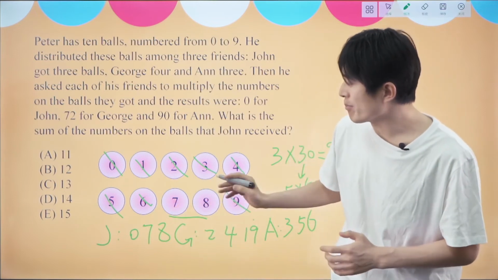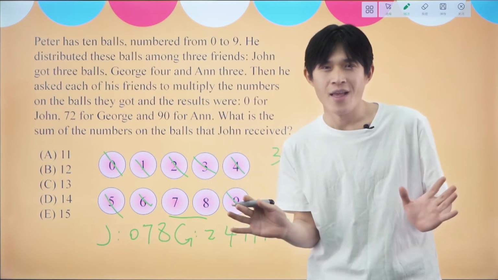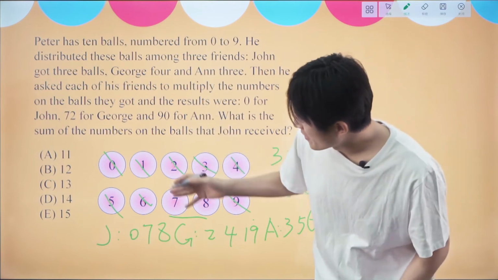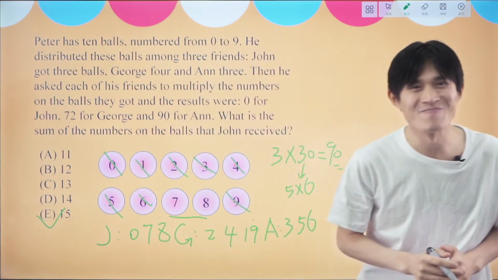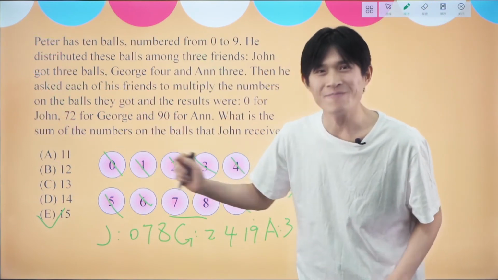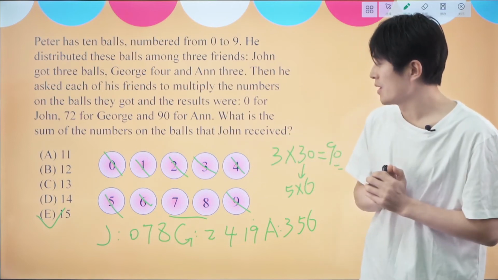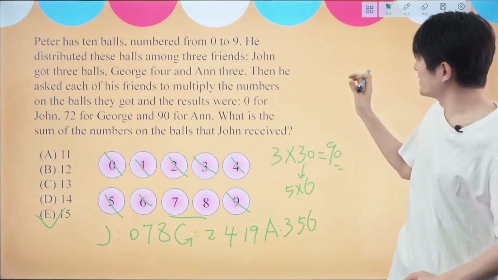So 0 plus 7 plus 8, it's a simple addition, and the answer will be 15. Where is 15? It's option E. Congratulations if you chose E. So this is how you solve this problem.